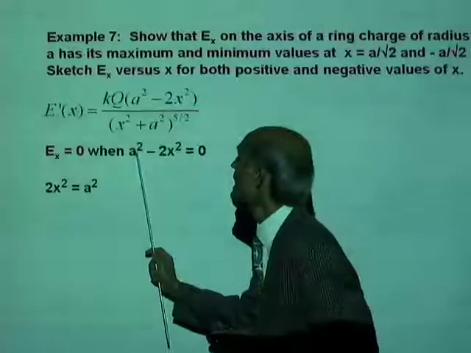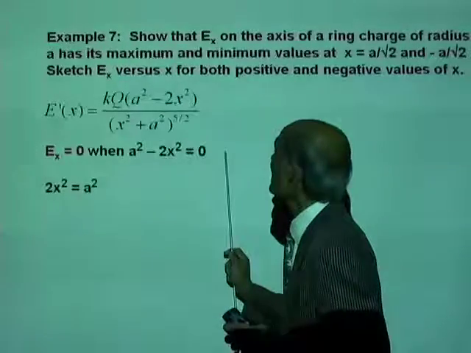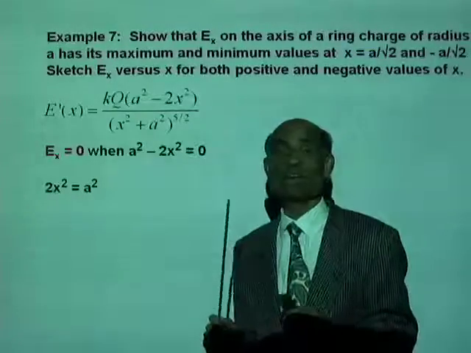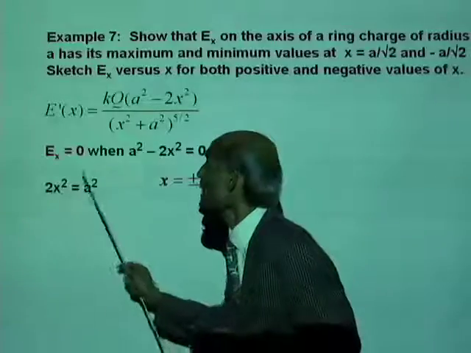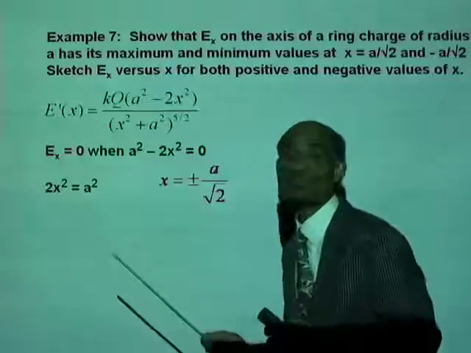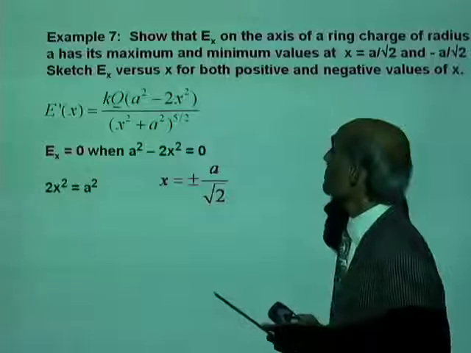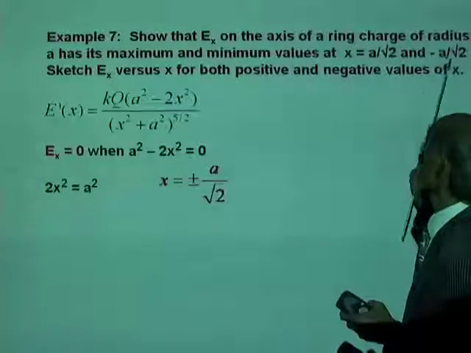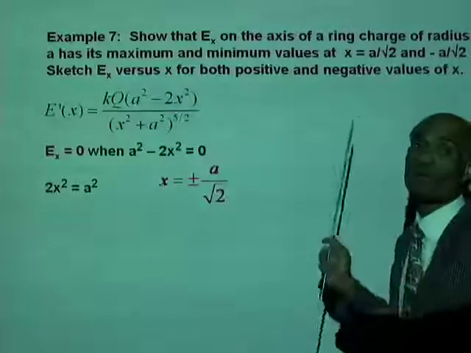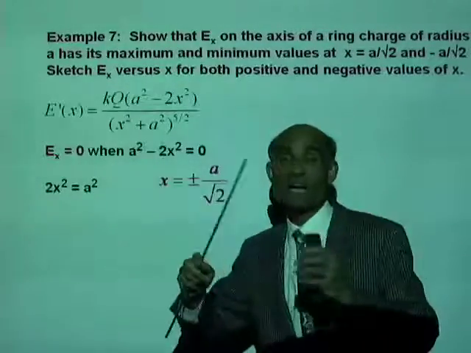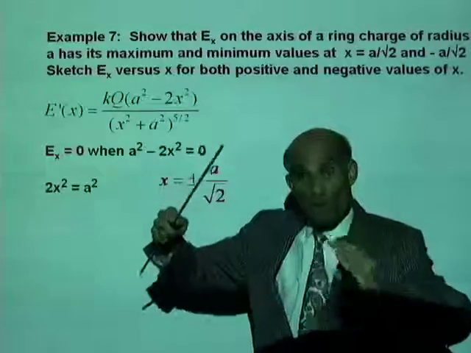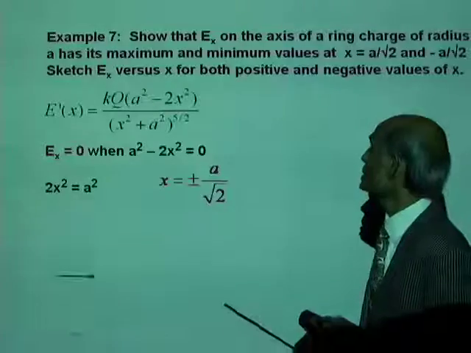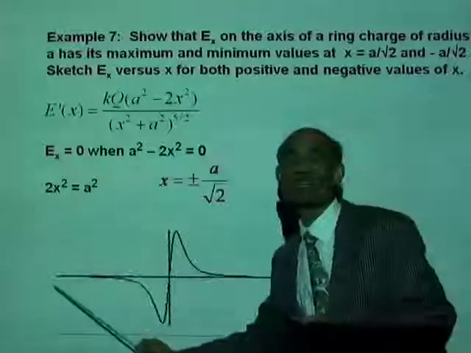Moving the 2x squared to the right side, it becomes positive: 2x squared equals a squared, or x squared equals a squared over 2, or x equals plus or minus a over square root 2. That's what we have been told to show. So the electric field has a maximum or a minimum value at x equal to plus or minus a over square root 2, and look at the plot of that.